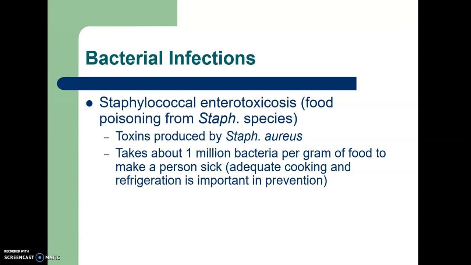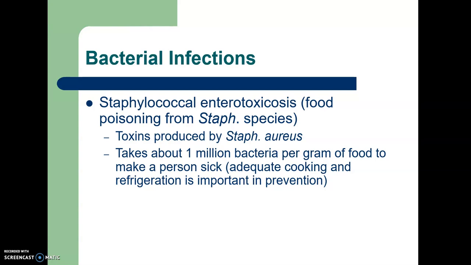We talked about this when we talked about things like the danger zone and leaving food out at room temperature. We talked about how important it is to cook food properly, refrigerate it properly, freeze it properly, and make sure that you're doing all those things. It's very important.